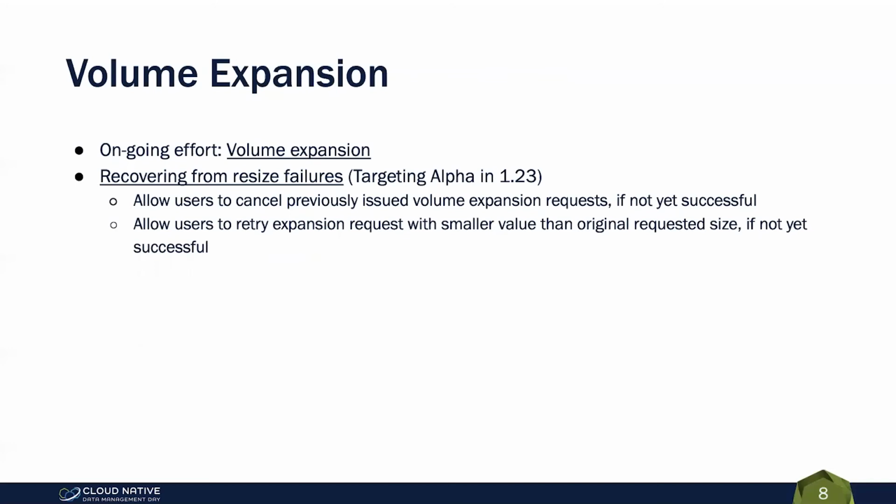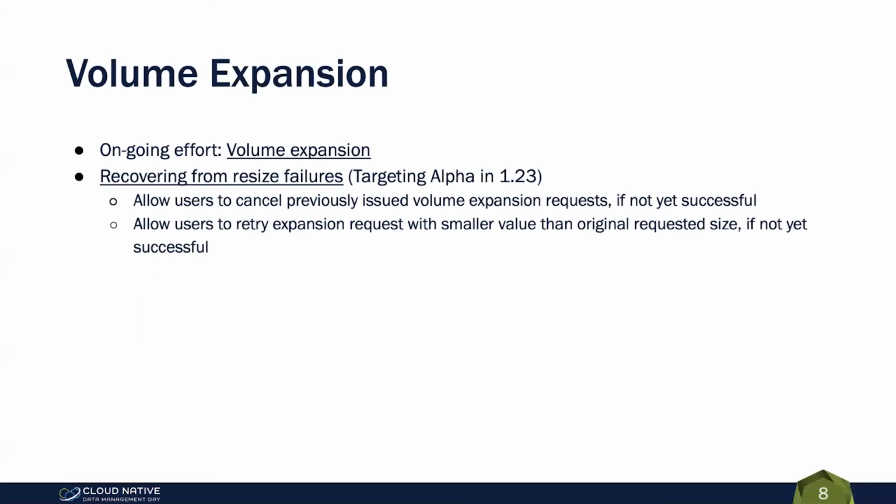The second issue is how to recover from resize failure if volume expansion fails. If the storage system can't expand the volume to the requested size due to a capacity constraint, currently there's no way to recover from this. There is a design proposal to address this issue.